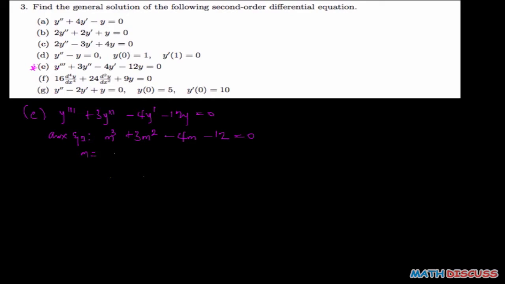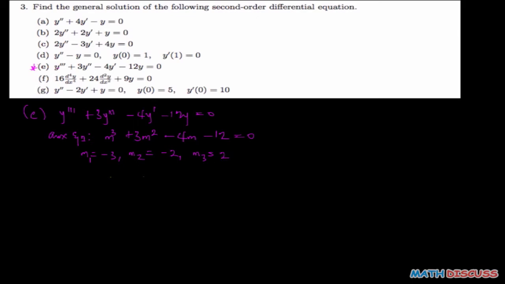So you have m1 equals minus 3, m2 equals negative 2, and m3 equals 2. Now they are all distinct. They are not equal.